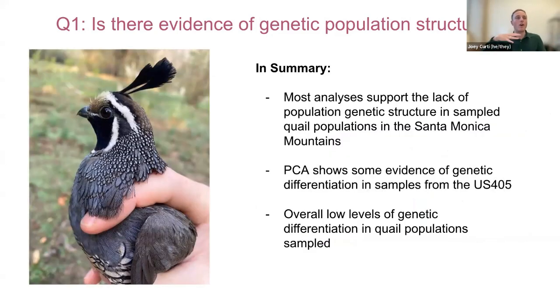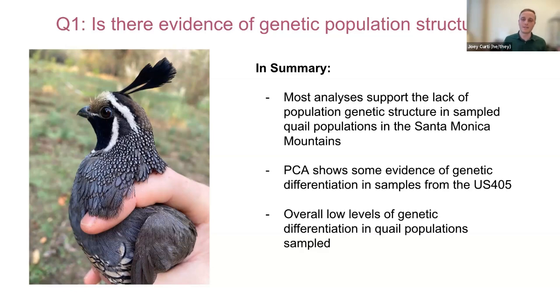And so when we take all of these three analyses and findings together, we see that generally most of the analyses that we ran support a lack of population structure, or a lack of differentiation between quail populations, which might indicate that they're able to move, that they're able to find mates, which are positive things.